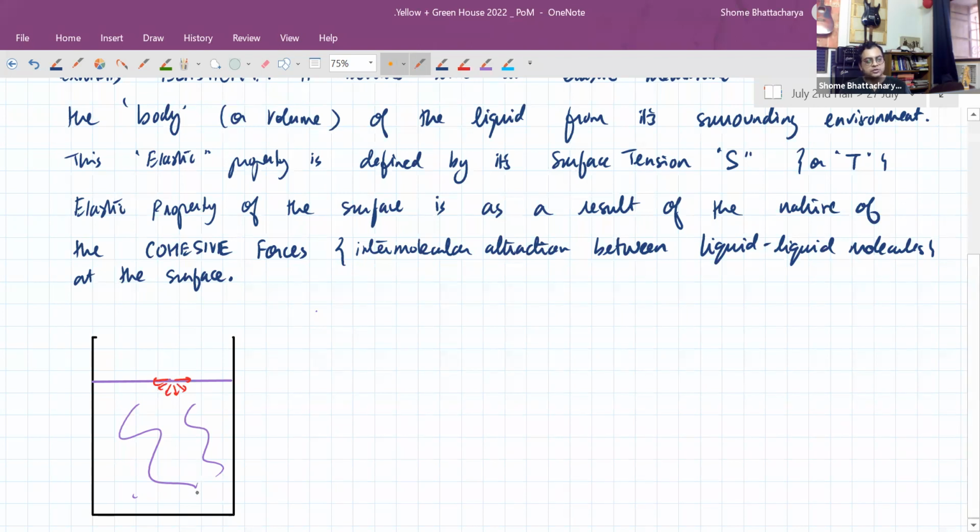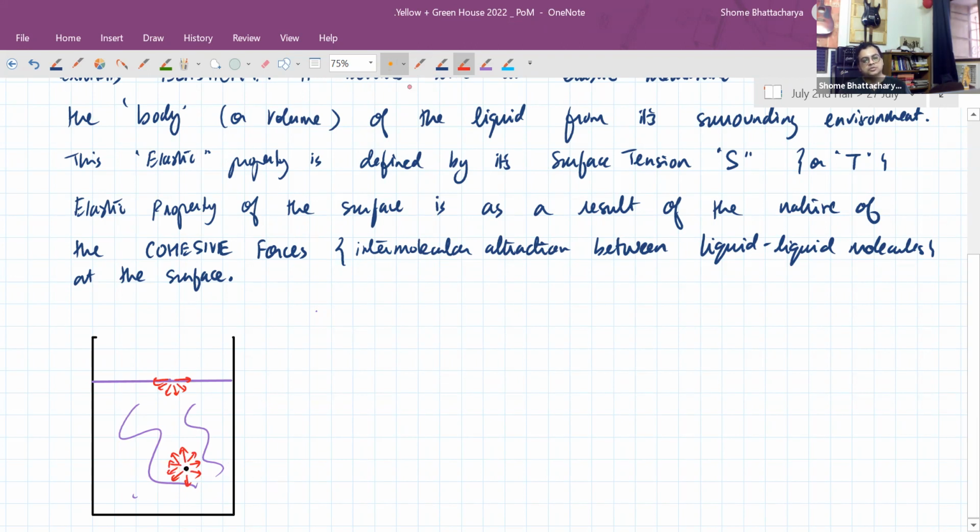Whereas if you think of a molecule which is inside the volume of the liquid, it's experiencing cohesive forces from all directions in three-dimensional space. Whereas the ones on the surface are experiencing it only from half the volume around.